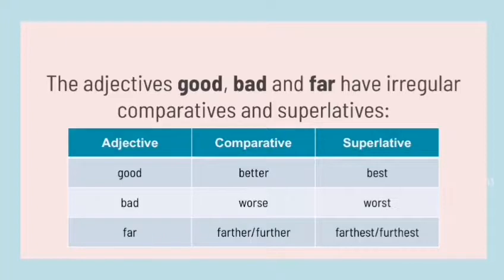For far, we have farther or further, and the superlative is farthest or furthest. These three you should learn by memory, because you cannot say gooder, baddest, or whatever, right? You should learn them just like they are.